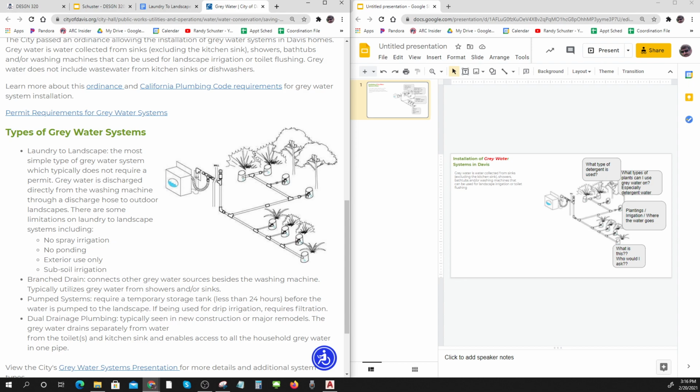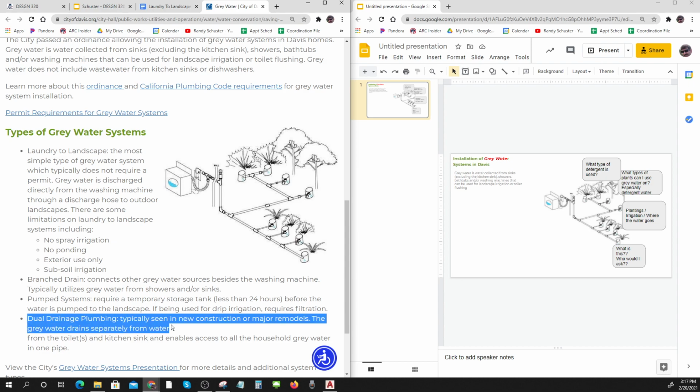Branch drain pumped systems require a temporary dual drainage plumbing, typically in new construction or major. Ooh, so you might look at this dual drainage plumbing, typically seen in newer construction. Access all household gray water in one pipe. That might really be interesting if you do architecture. So I'm going to make a new page here.